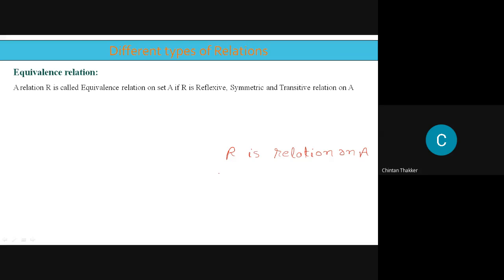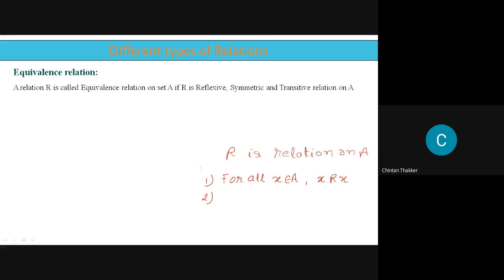Then we have three conditions. First, for reflexive, the condition is: for all x belongs to A, x is related to x. This is our first condition. The second condition, R must be symmetric.